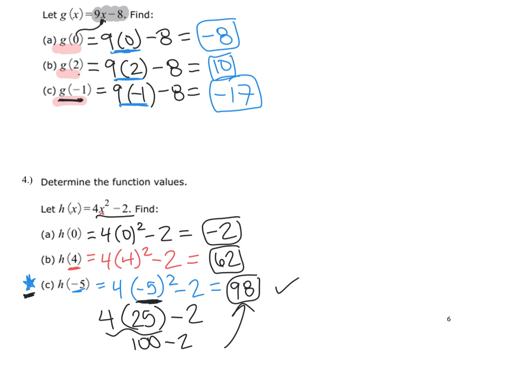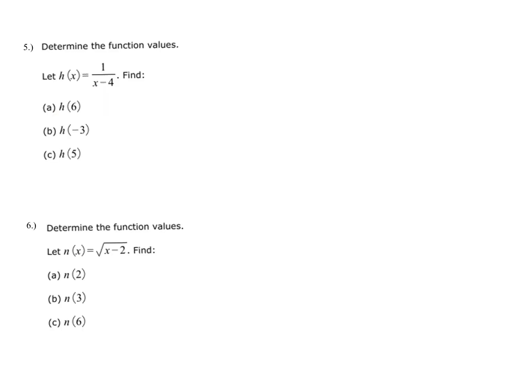All right, let's try a few more together. So for number 5, we now have a rational function, which you will also see sometimes in this class, and we're still doing the function notation. So h at 6 simply means I'm going to replace the x with a 6. So I'll have 1 over 6 minus 4.